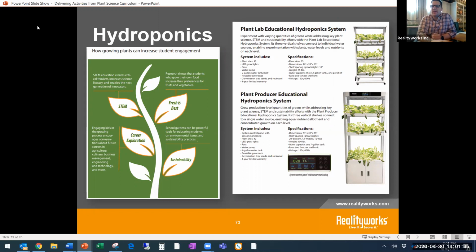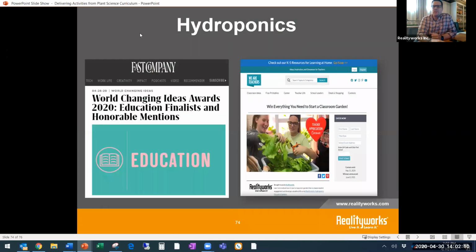We have a plant lab educational hydroponic system, which has 3 separate levels of nutrient and water consumption, so you could have different levels with different plants on each level. And we also have the plant producer, which is one nutrient tub that waters and feeds all 3 levels, allowing you to do 3 different levels of the same plant or produce. So these are 2 different options.